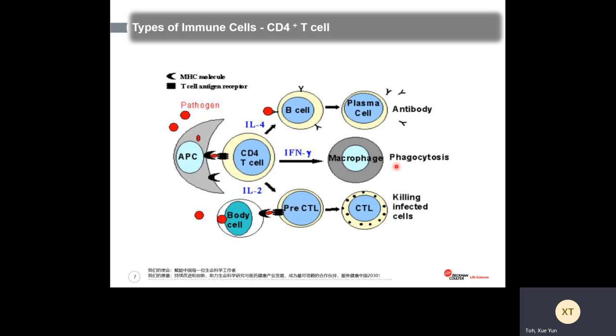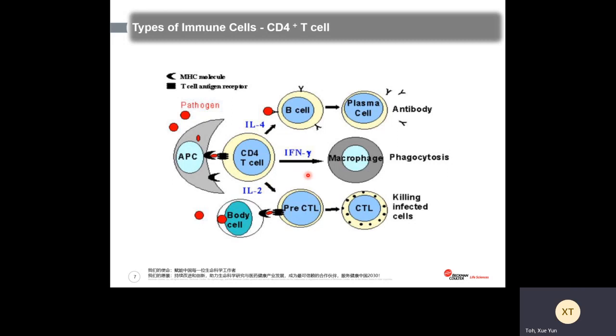In an infection, CD4 T helper cells will differentiate into classes, producing different groups of cytokines and chemokines to facilitate an immune response. For example, they can secrete IL-4, which will help to activate B cells to differentiate into antibody-producing plasma cells. They can also act through interferon gamma or IL-2 to enhance killing effects on the pathogen.